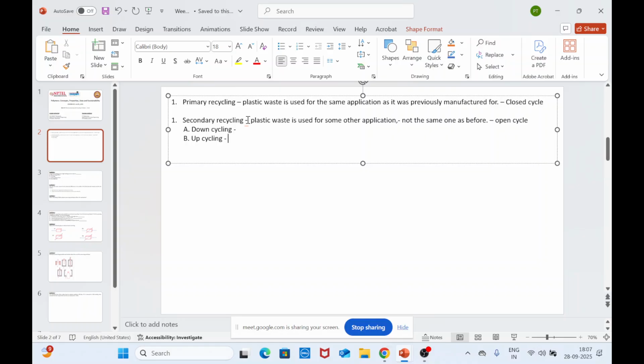You try to enhance the property of the material using some strategies, so that it can be used for wider application, through different strategies.